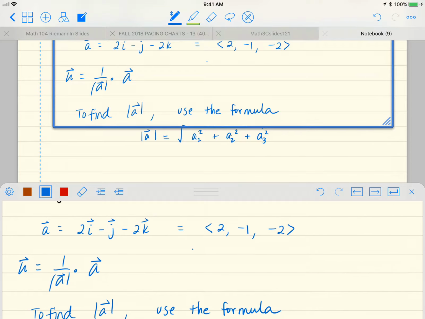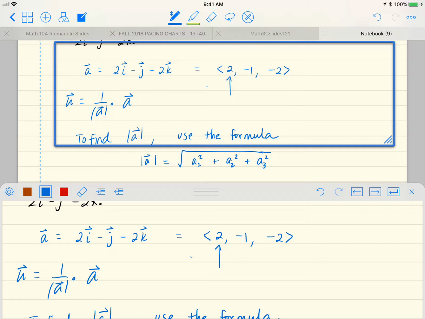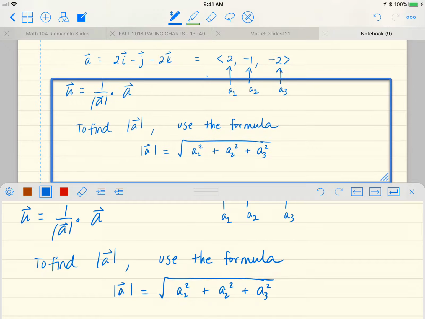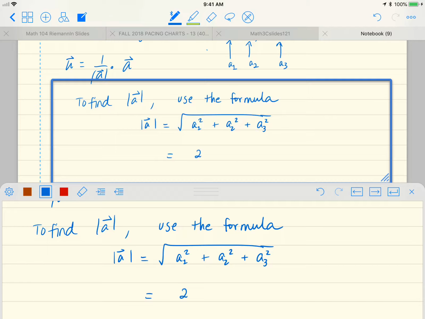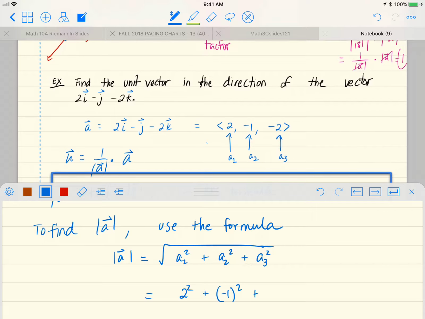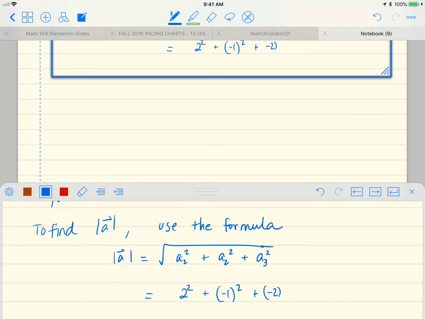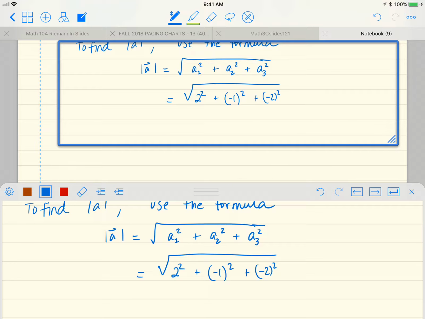Okay? So here, a1 is going to be 2, a2 is going to be negative 1, and a3 is going to be negative 2. So I'm going to have 2 squared plus negative 1 squared plus negative 2 squared. And then I need to add those up and take the square root. So that'll be 4 plus 1 plus 4. That's 9. So we get the square root of 9, which is 3.